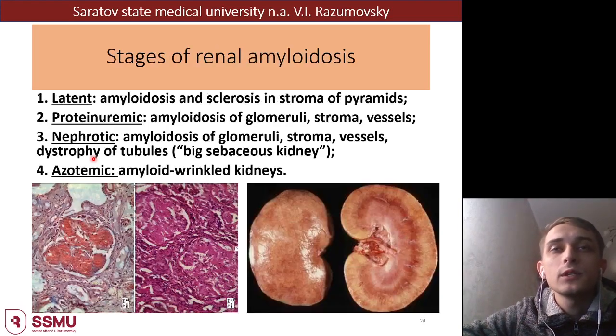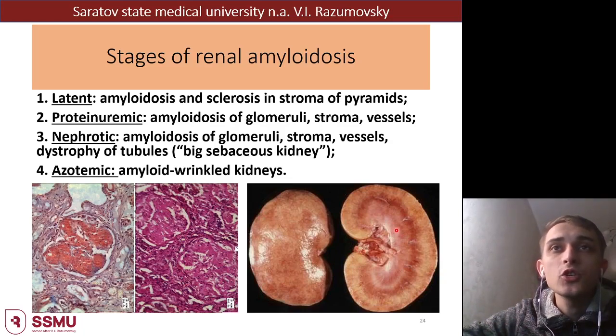This process has four stages. The first one is latent, with amyloidosis and sclerosis in the stroma of the pyramids, and the first pathological condition will be localized in this part of the kidney, in its medullary layer.